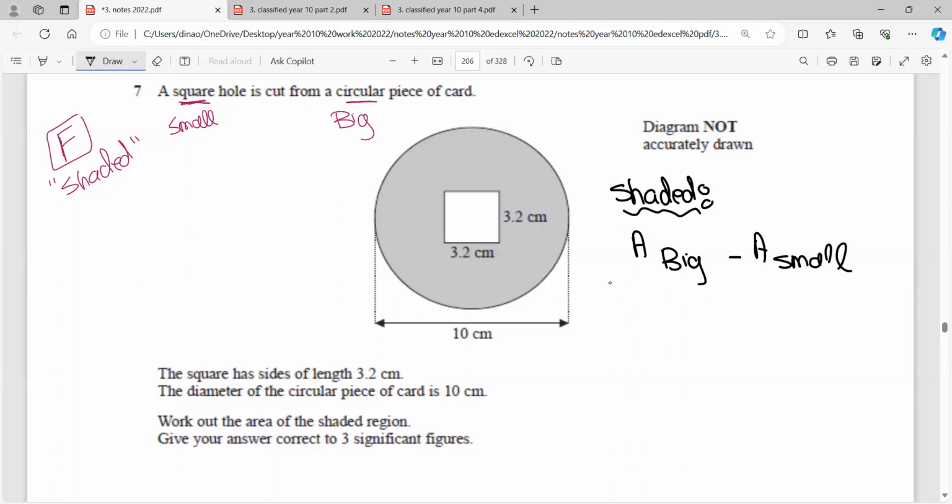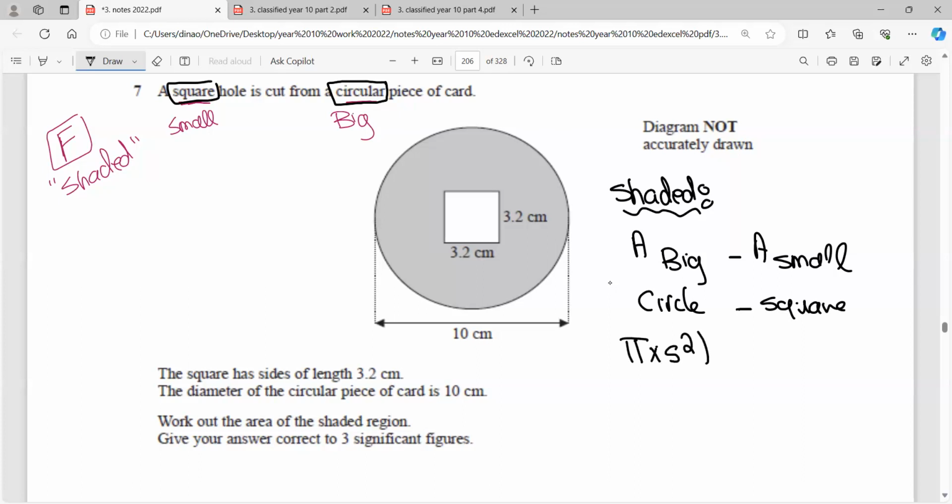Now, how did I figure out what are my shapes? A square and a circle. I didn't bring anything from myself. Of course we all know, so the bigger shape over here is the circle. Now you have to identify what shape is the bigger and what shape is the smaller. So the bigger shape is the circle, the smaller shape is the square. So area circle, which is pi times 5 squared.